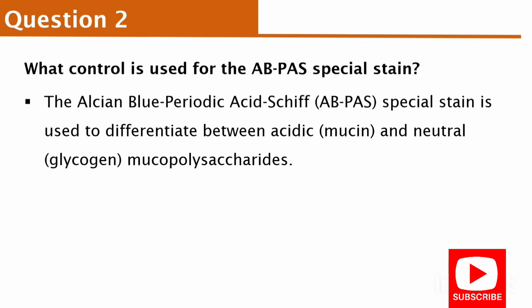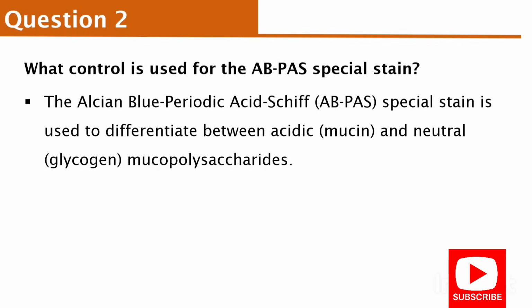So when we're going to use it as a control is when, because we know that ABPAS is a differential stain, we want to find different properties in line with what it can differentiate. And what it means is that if we are going to do that kind of examination, we then need to find a sample that contains what ABPAS can be used to differentiate.